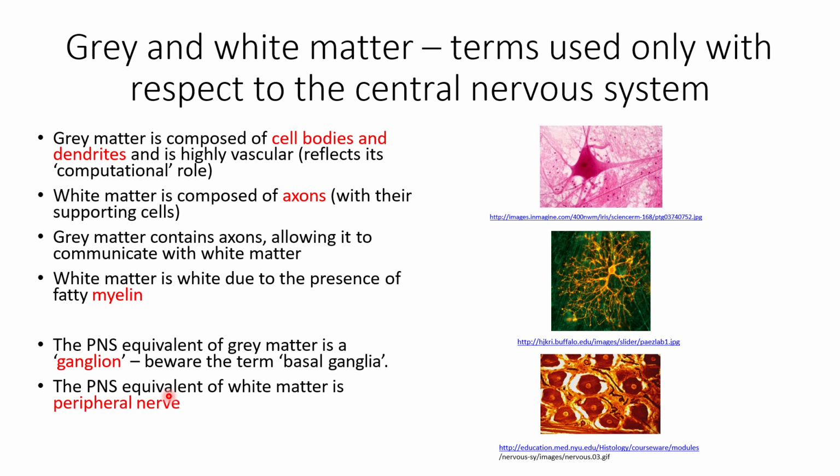These images on the right show a variety of relevant cells. Here on the top in pink we can see a motor neuron from the spinal cord. We can see the large cell body here, its axon emanating towards the right hand side of the image, and all these dendrites converging down onto the cell body. In the middle we've got a beautiful fluorescence micrograph of an oligodendrocyte, and in green in the background we can see all the axons that this oligodendrocyte is myelinating.